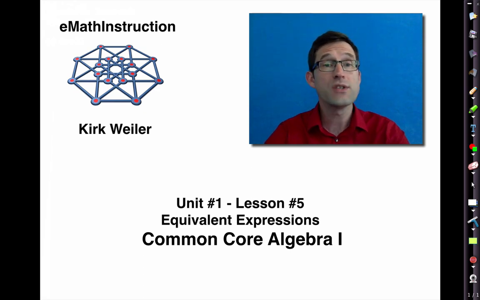Once we lose equivalency, then we really change a problem. It's just changed entirely. So it's very important to understand that we use these laws of numbers and operations, specifically the commutative property of addition and multiplication, the associative properties of addition and multiplication, and the distributive property, to rearrange algebraic expressions to get ones that are exactly the same but might look different.